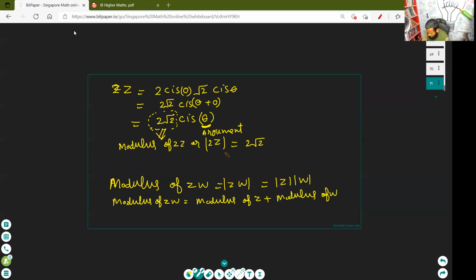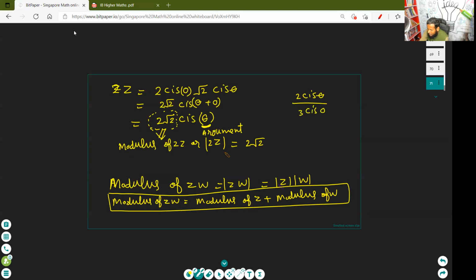But in division form, if there is r cis theta and s cis phi, we write r upon s cis theta minus phi. But here this is modulus. So what is the modulus of Z upon W? It is the modulus of Z upon the modulus of W.